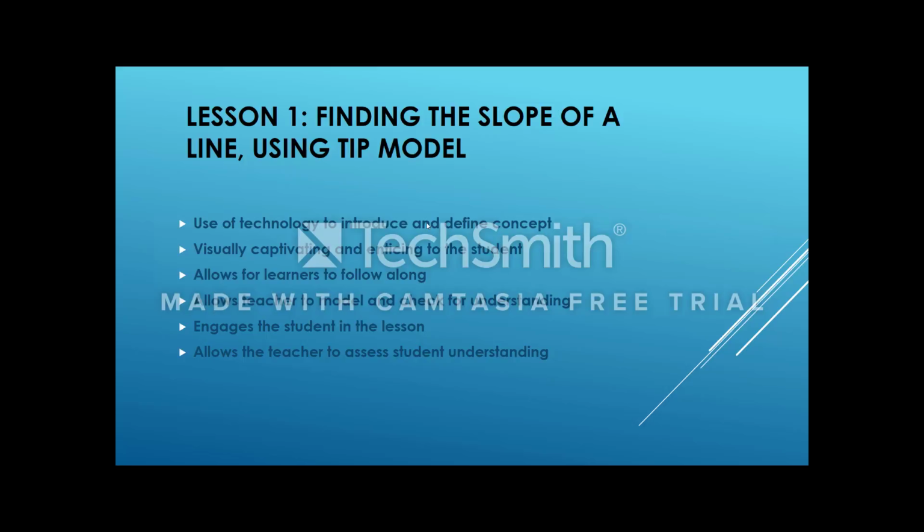It also allows the learners to follow along with the examples provided within the lesson. It allows teachers to model and check for understanding at each step of the lesson. It engages the student in the lesson as it has relevance to their future careers. It also allows the teacher to assist student understanding by giving them a formative assessment throughout the lesson.